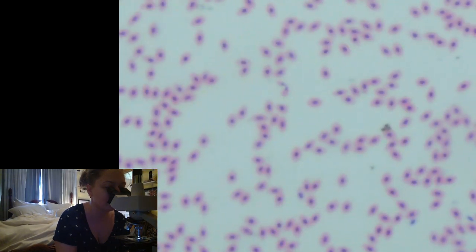Actually, it looks a lot like the frog blood. There's a lot more cells on this one than on the other one. Why won't it focus? This is weird.